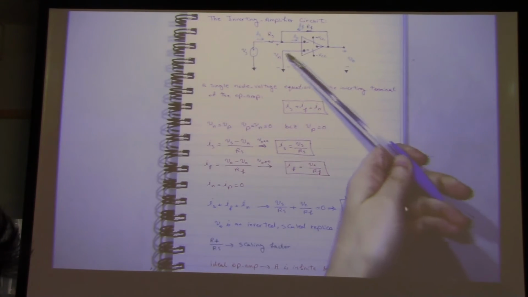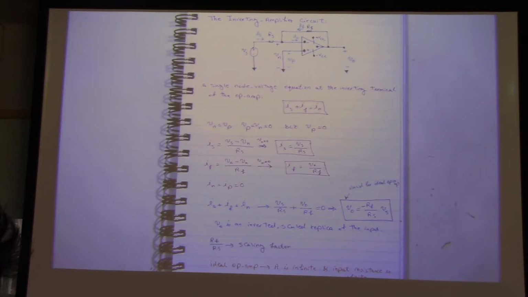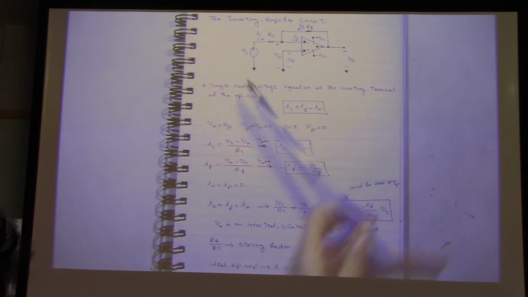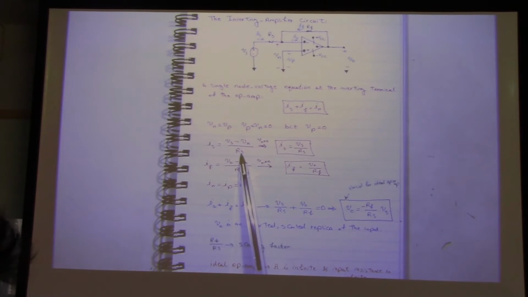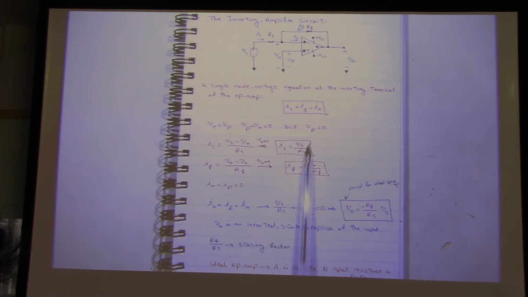So over here, how much is Vp? 0. So it means Vn over here is 0. So what is Is? Vs minus Vn over Rs. So if Vn is 0, Is is Vs over Rs.